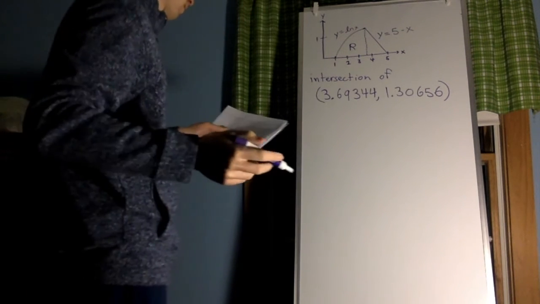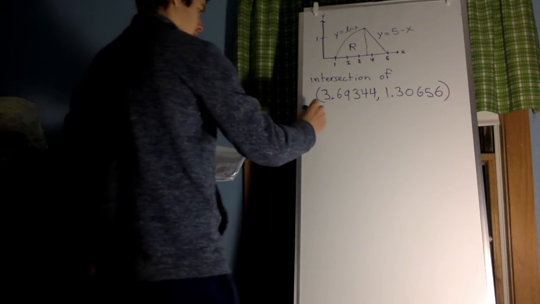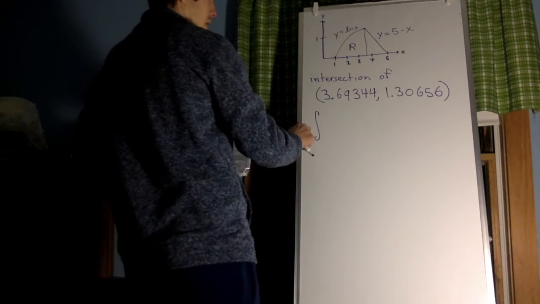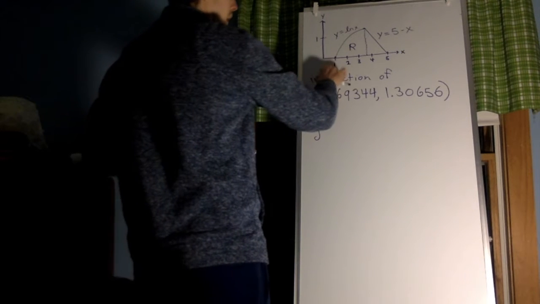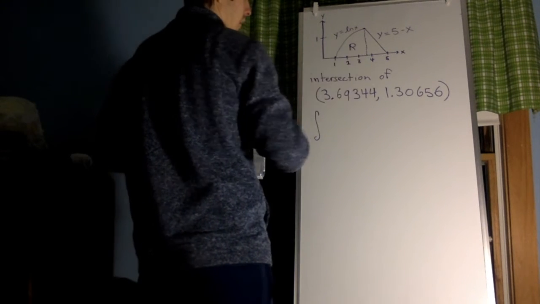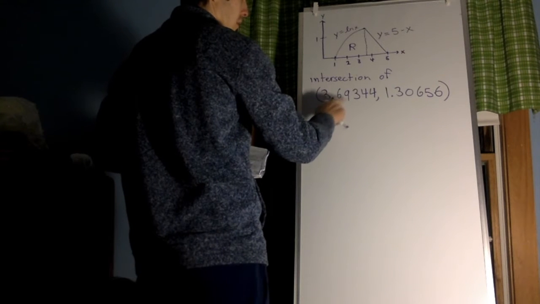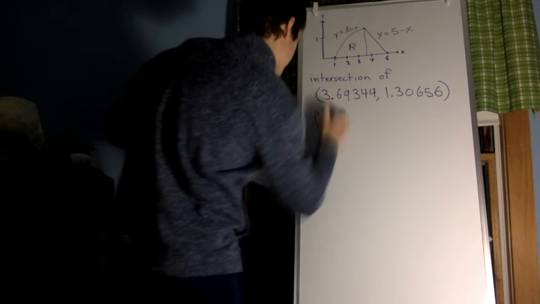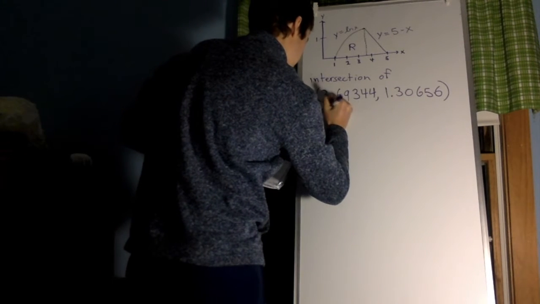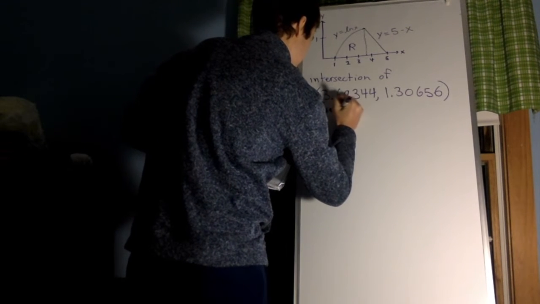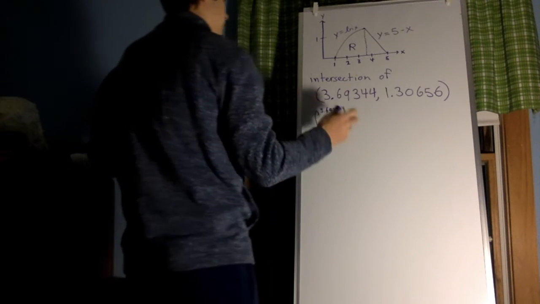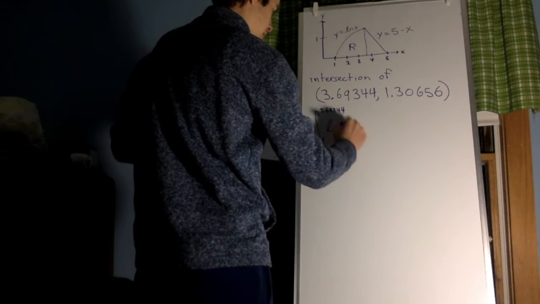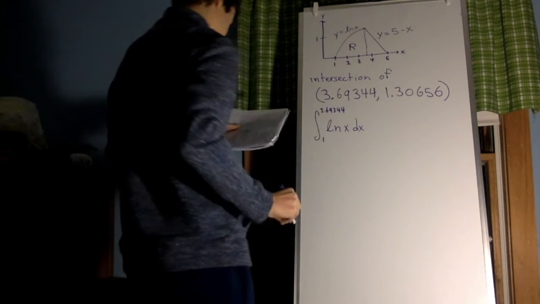Then all I need to do is take my first integral from 1 to my line right here, which is 3.69344, of natural log of x with respect to x.